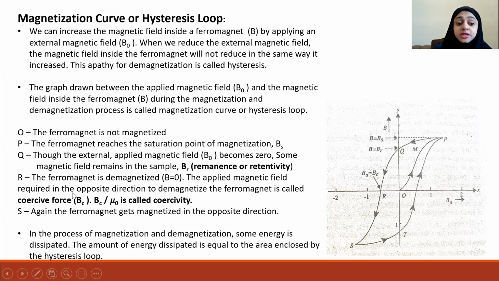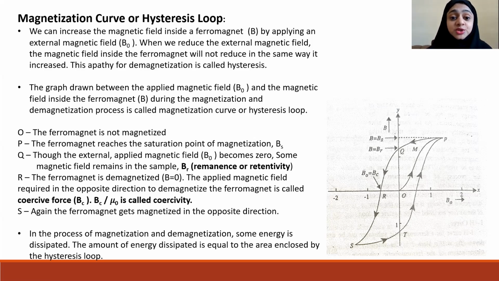At point P, the ferromagnet reaches the saturation point of magnetization, represented by Bs. What happens at the saturation point? We know that a ferromagnetic material is made of a large number of magnetic domains. At the saturation point, all these magnetic domains have aligned in the direction of the applied magnetic field. So there is no more magnetic domain remaining to be aligned.